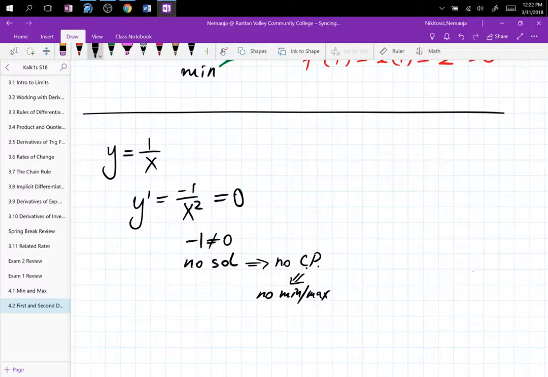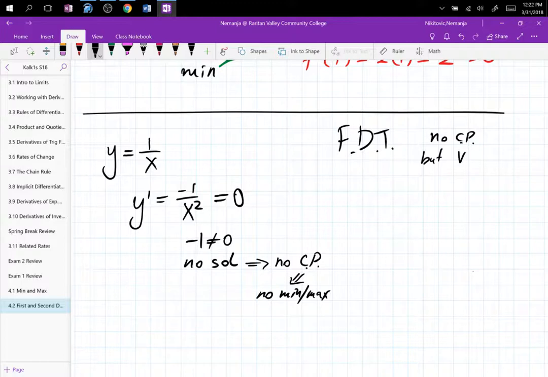We'll do that as well. But see this one over here, for my first derivative test, I have no critical points but a vertical asymptote at x equals 0. So I can still do the partition.